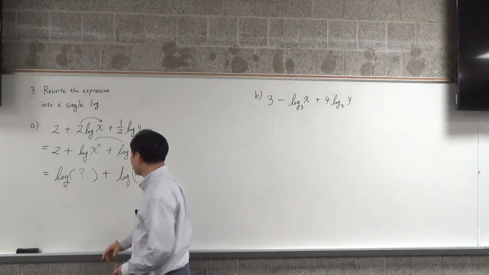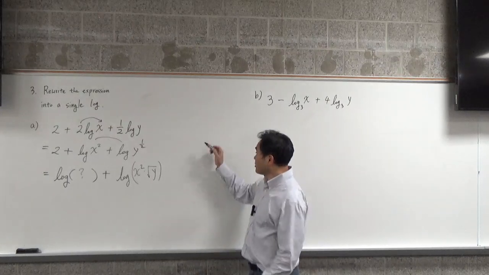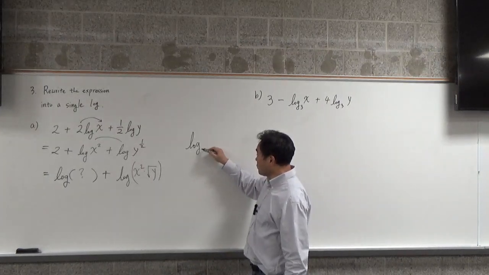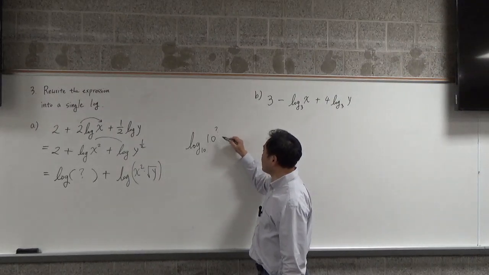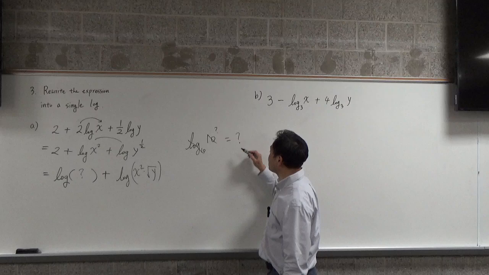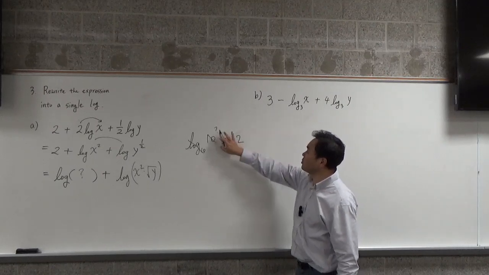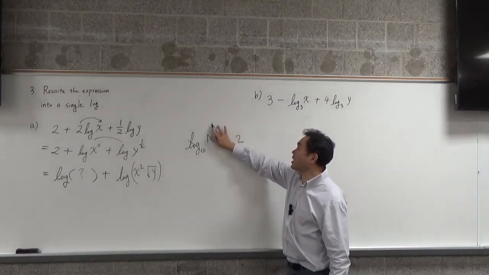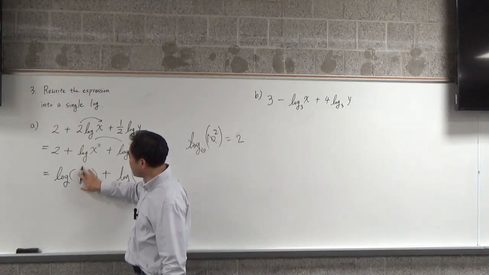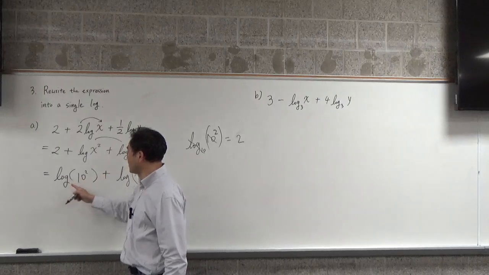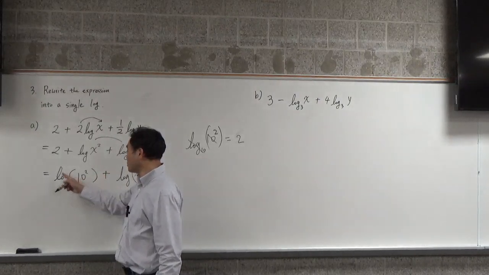10 squared, yes. So the way you think about this is we're working with base 10. And whatever you have here is going to cancel to give you this. So if I want this to be 2, what should this be? It has to be 2, right? So what I need right here should be 10 squared so that this log base 10 and 10 will cancel.